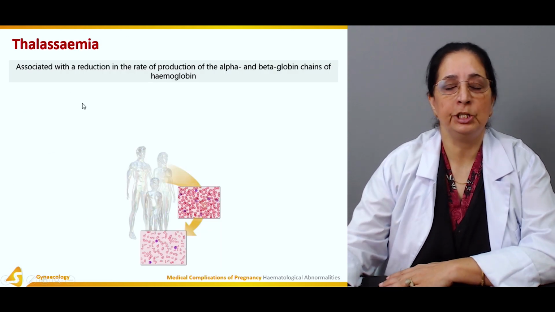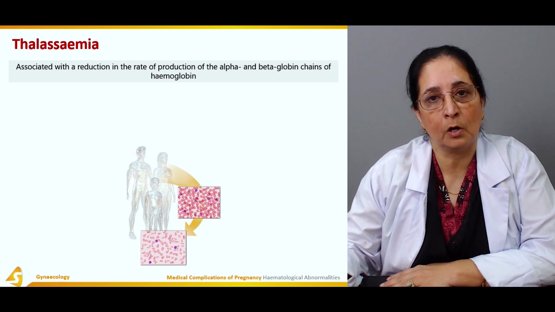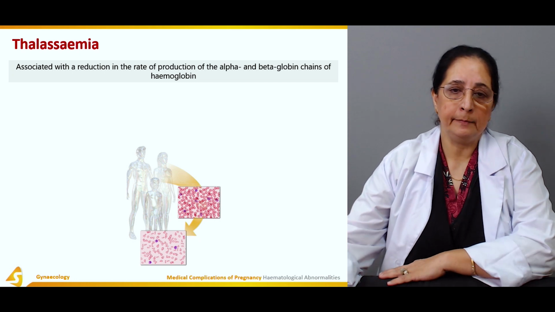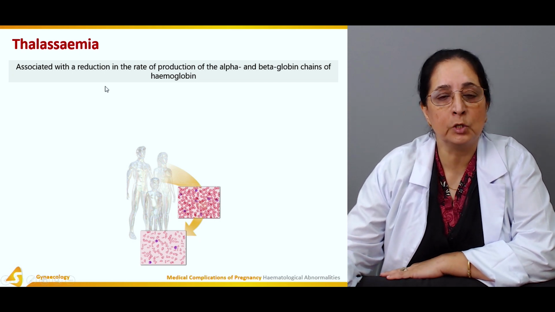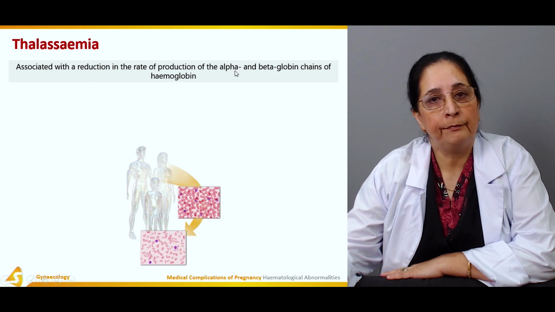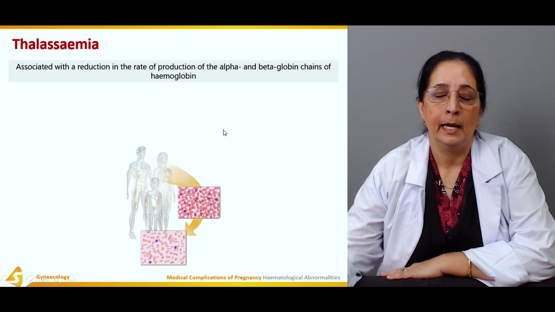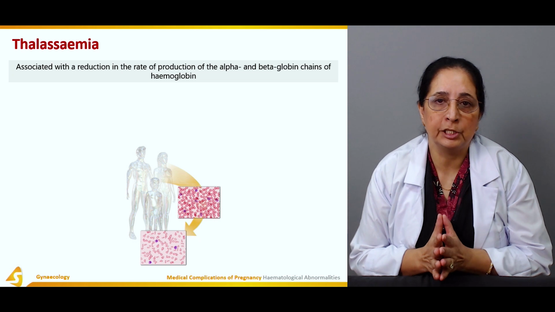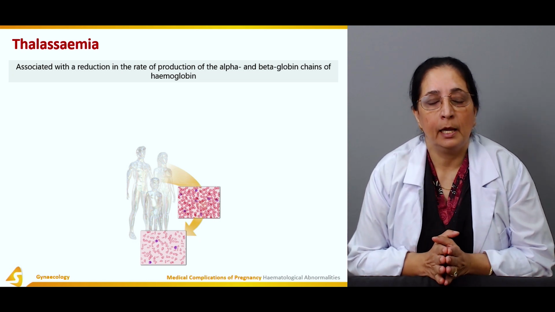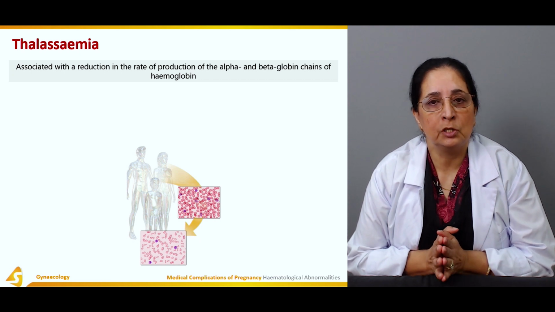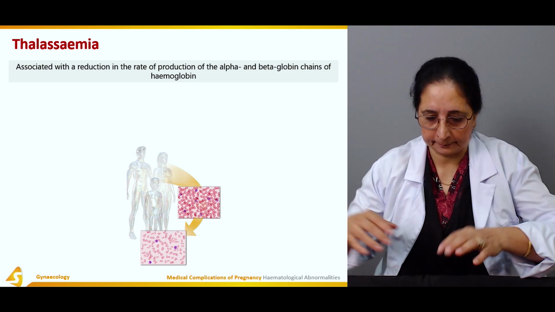Thalassemia is another condition which I want to talk about. Thalassemia is a condition associated with decreased production of the alpha and beta globin chains of hemoglobin. There is ineffective alpha and beta globin chain production, and this again leads to anemia, and this condition is known as thalassemia.